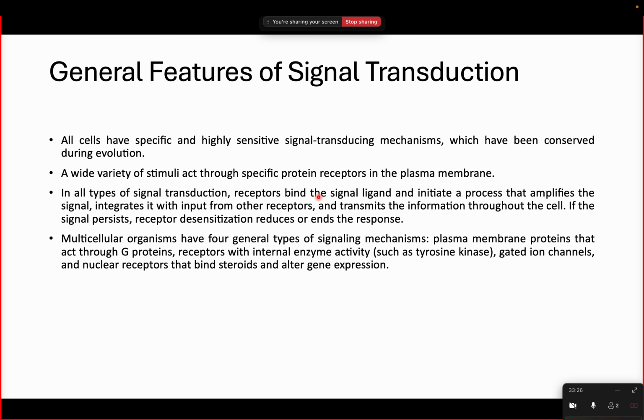Okay. So what it says is that in all types of signal transduction, there is no exception to this type of signal transduction function of the membrane proteins. Receptors bind the signal ligand and initiate a process that amplifies the signal. What we mean by this is, for example, you have just eaten, right?